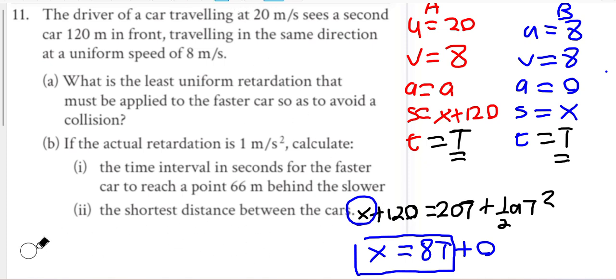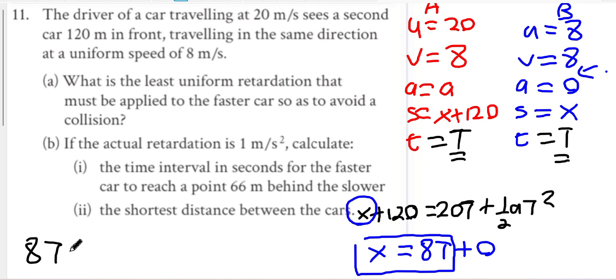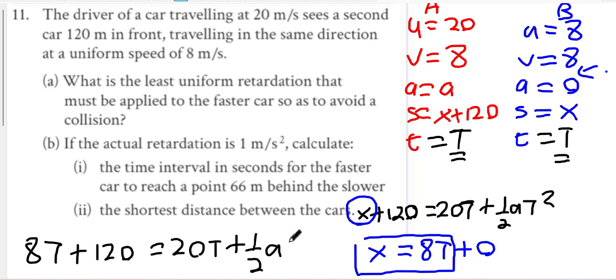We should be good to go in a second. 8t plus 0, because when you do a half at squared, the a value is 0, which results in a half at squared being equal to 0. Okay. So now I think I'm going to say that 8t plus 120 is equivalent to 20t plus a half at squared.